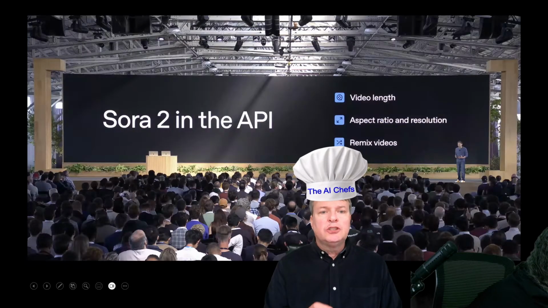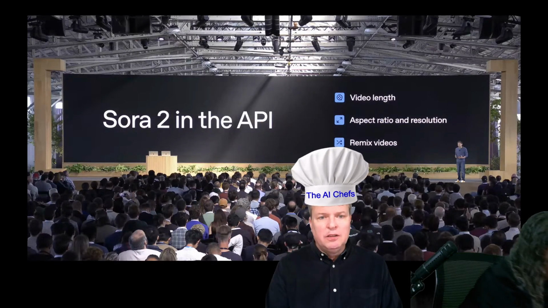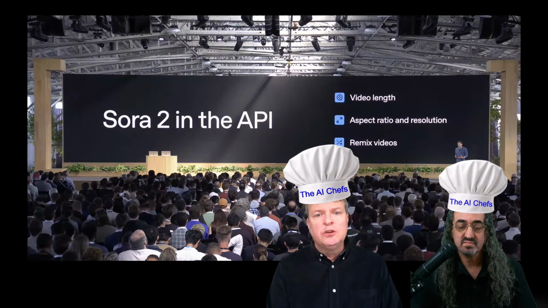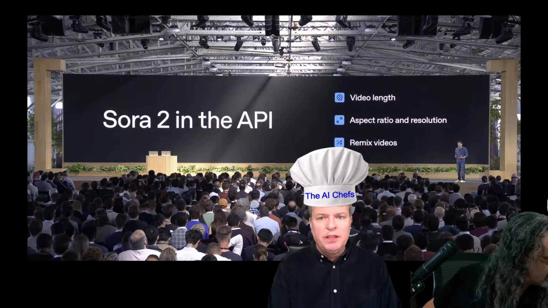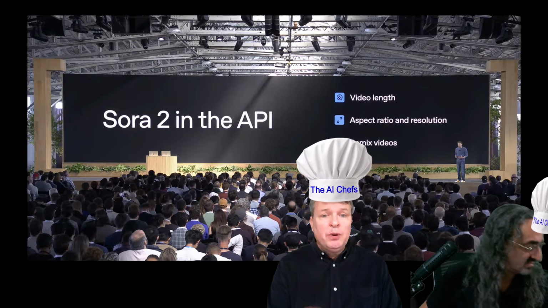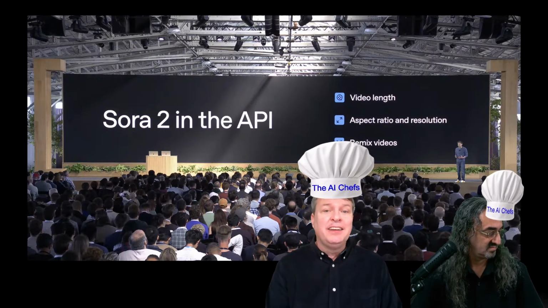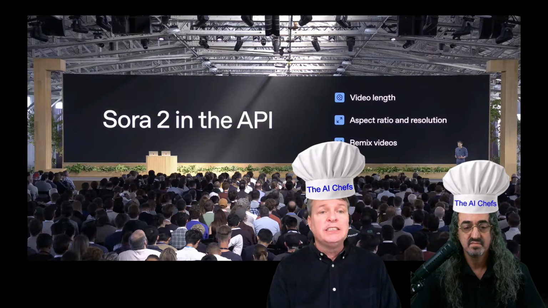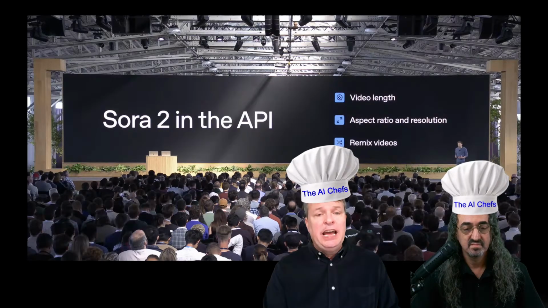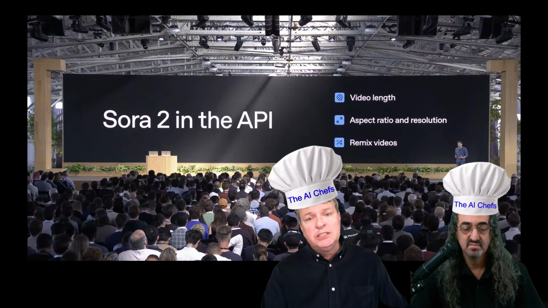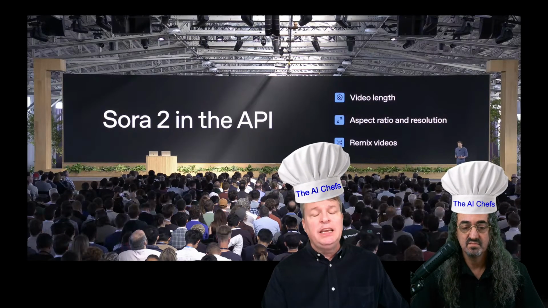So Sora 2, which is their video model. This is cool because it's been out there, and I think you've got a demo of this, but by putting it in the API for developers, that's the application programming interface, what that means is any application, a developer can now build this generative video capability into their app.